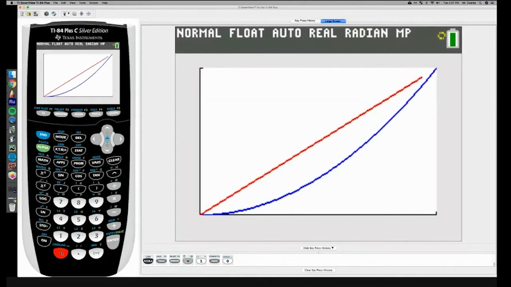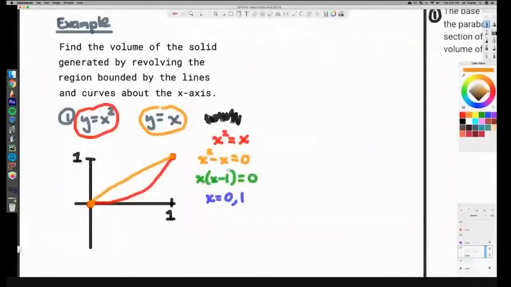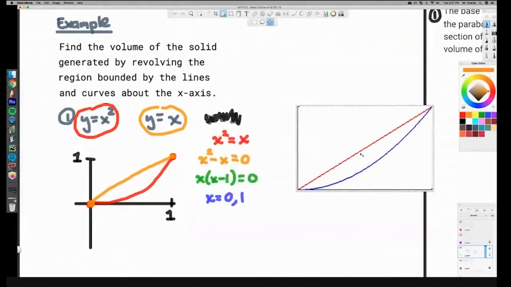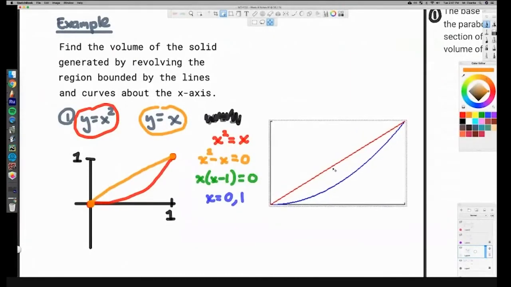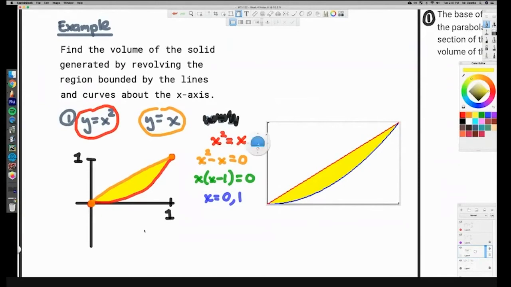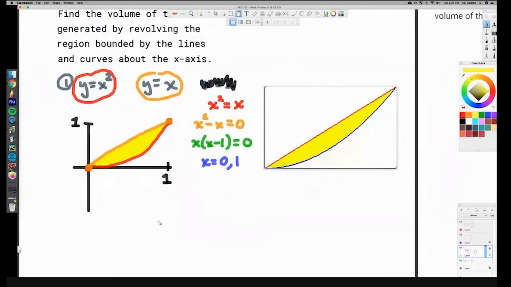And you can kind of see that's what we're looking at here. I should have used the same colors on these, but it represents the same region that's bounded.